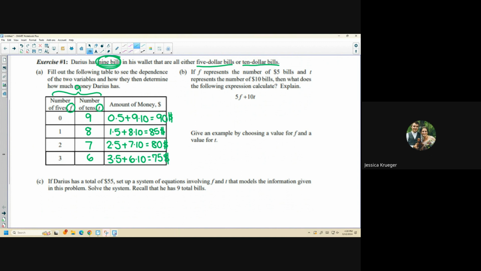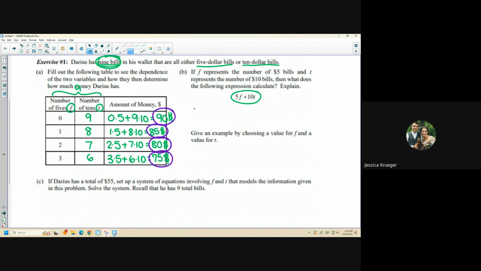Part B is important because it says if F represents the number of 5s and T is the number of 10s, then what does this expression calculate? Well, if I look at that, where did I do 5 times F plus 10 times T? Well, I did that to get these values right here. So what do those represent?